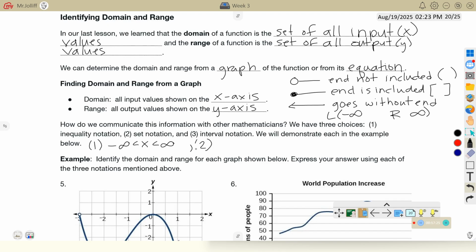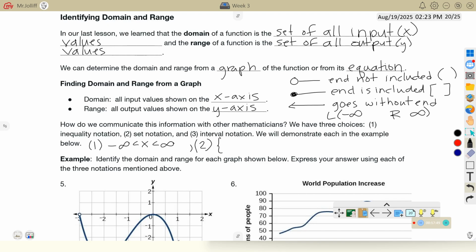Number 2, depending on who you had for your math 3 teacher, you may have seen a lot of this one or very little of it, is set builder notation. So set builder notation, we use curly brackets. We identify the variable name.